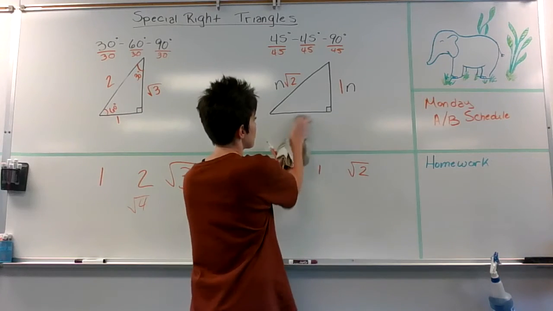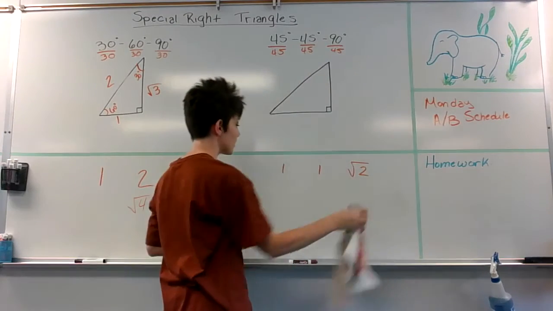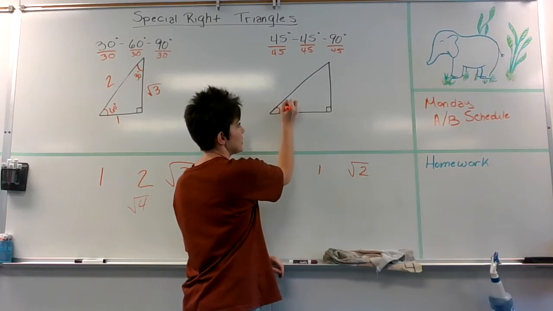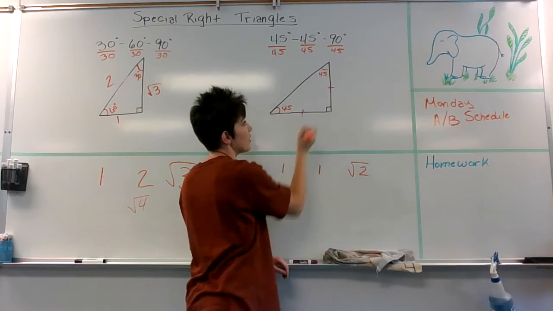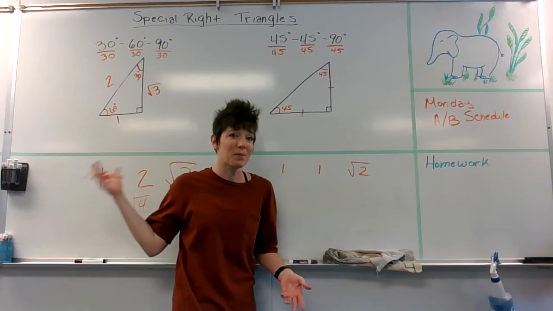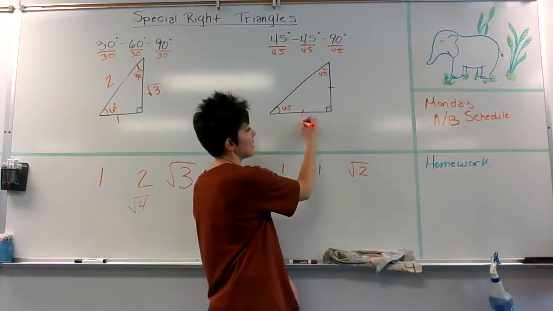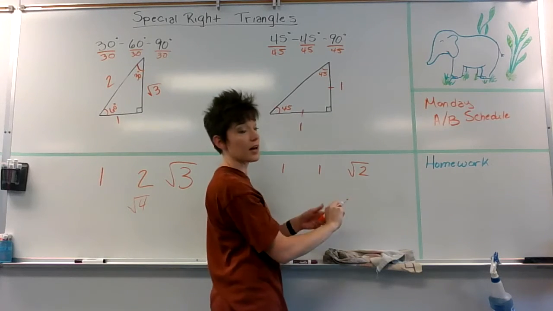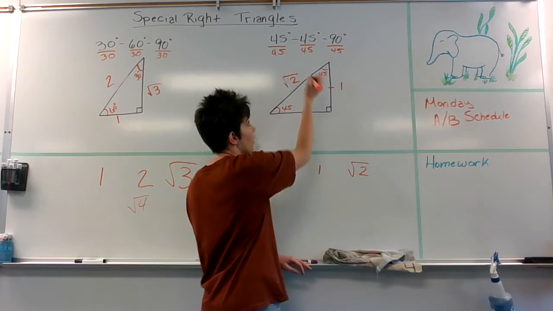So if I want to place them onto my triangle correctly, I know that when these base angles are the same, these 45s, that actually means that the opposite sides are equal to each other, which is a result of the Hinge theorem again. So these two equal sides go here and here, and then the square root of 2, my largest side, has to go across from my largest angle, right there.